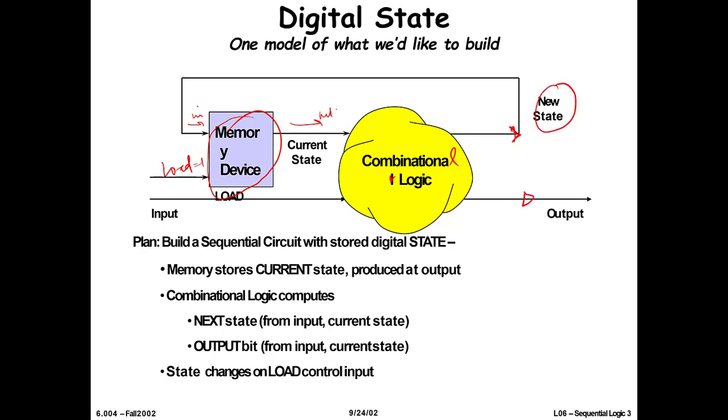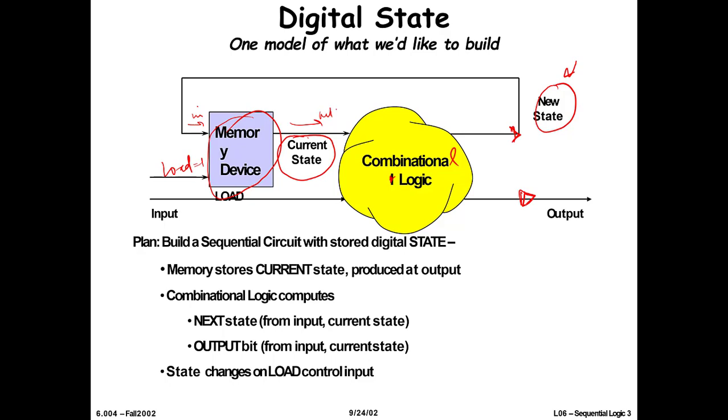One is the new state. So the output coming from the memory is called current state, and the output produced by the combinational logic is called new state. And then we have another output which is just simply called output.